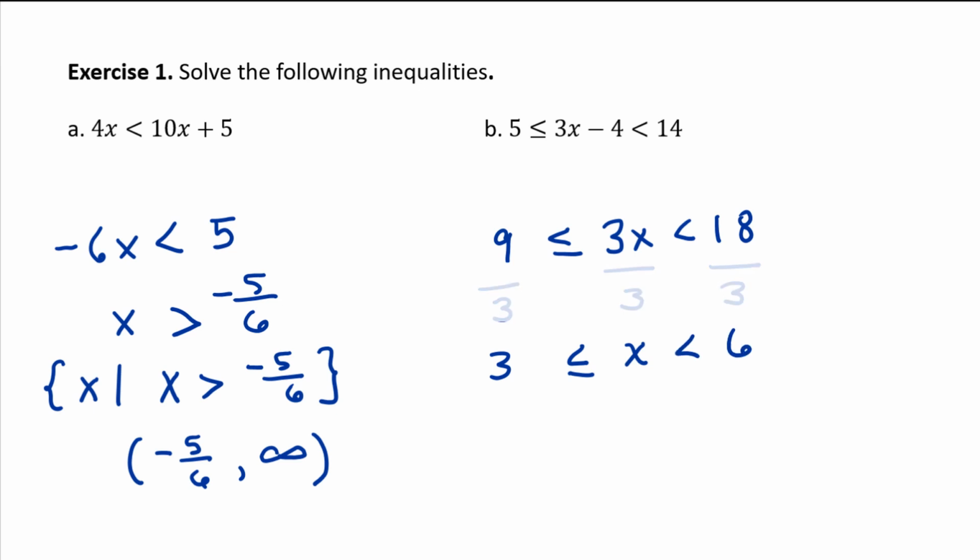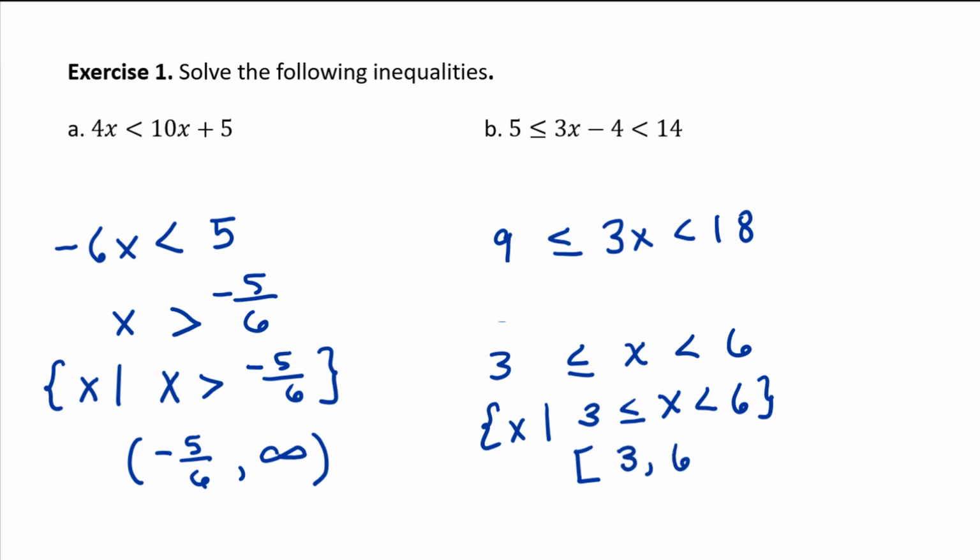The answer expressed in set builder notation is x such that 3 is equal to or less than x is less than 6, and then close brackets. In interval notation, use the bracket to indicate that the 3 is included, so bracket 3, comma 6. It is a strict inequality, so open parenthesis.